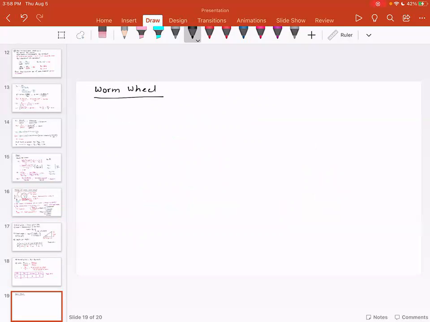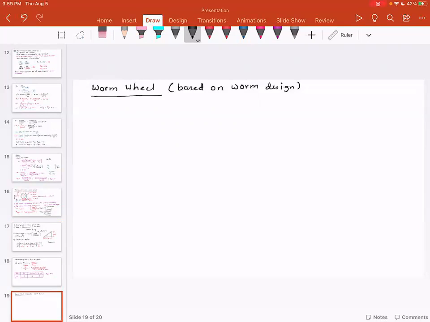So worm wheel is mostly based on the proportions, based on the worm design. The reason for that is, if you think about the relative size, worm wheel is quite big to achieve a gear ratio of 36 or 40 or something like that. So worm is always weak. When we work out a problem, it would actually make sense, but I'll give you some proportions.